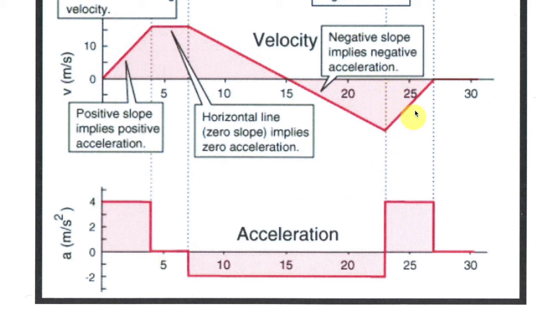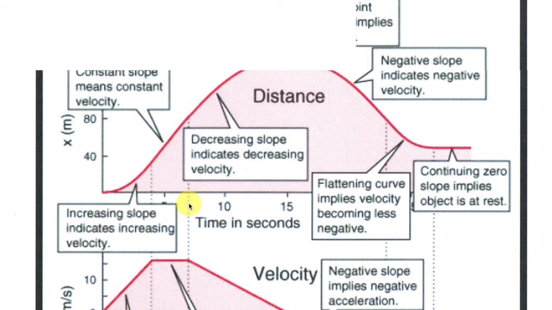And the same thing applies over here, where we have it increasing, and therefore the acceleration is positive. Notice through this section here, the velocity graph is parallel with the time axis, which means that there is zero acceleration, and therefore that's shown here. So you can see how each of the graphs are interrelated.